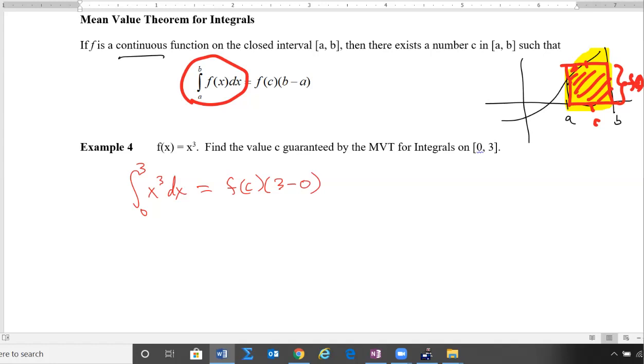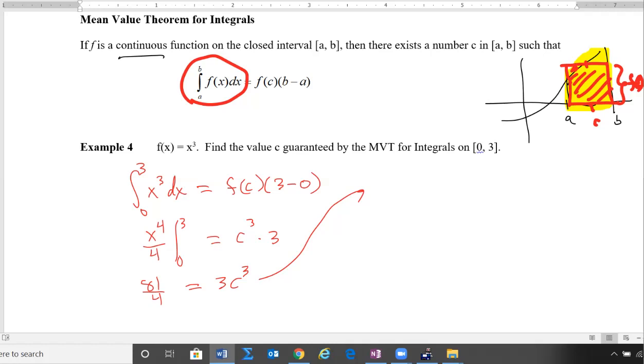Now, let's go ahead and evaluate this. This is x to the 4th over 4, from 0 to 3. Now, f of c is c to the 3rd, and then times that 3 here. Okay, so this side over here is 81 over 4 equals 3c to the 3rd.